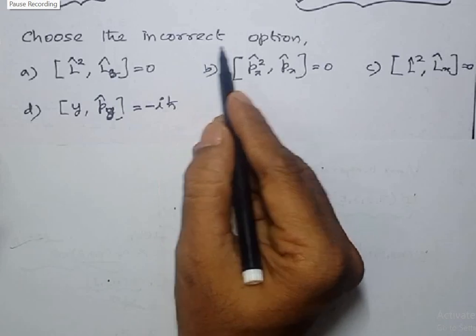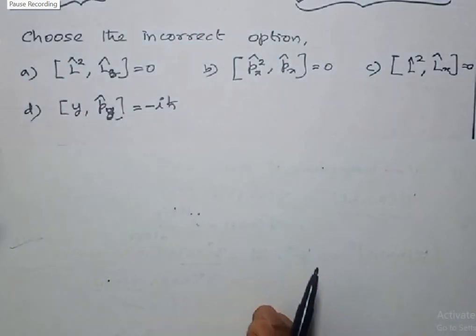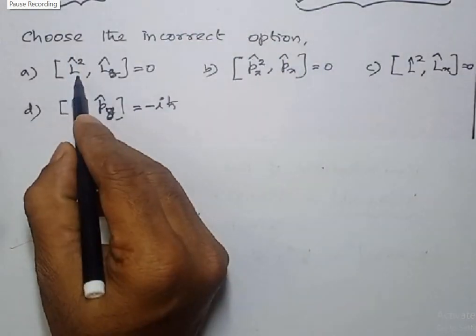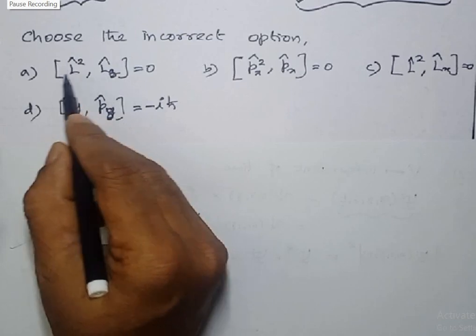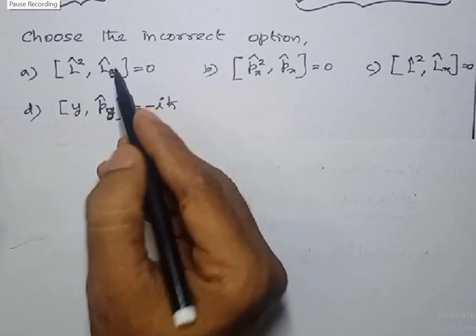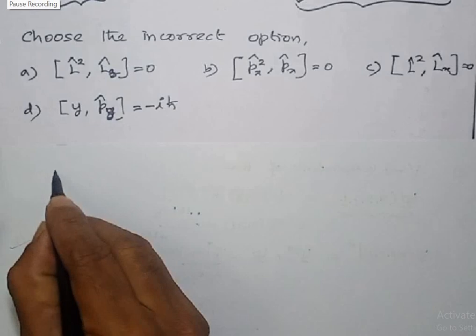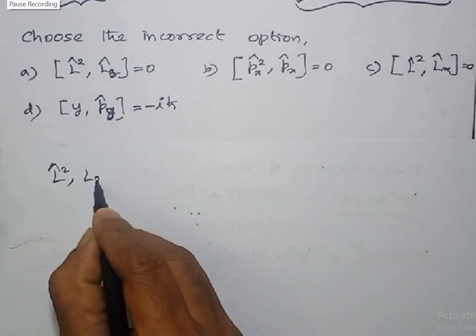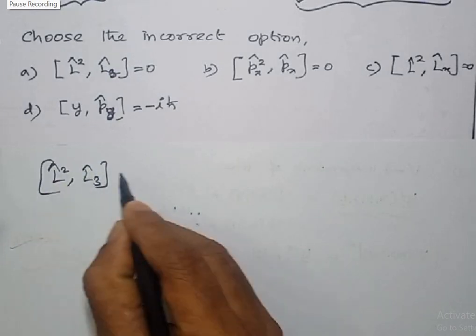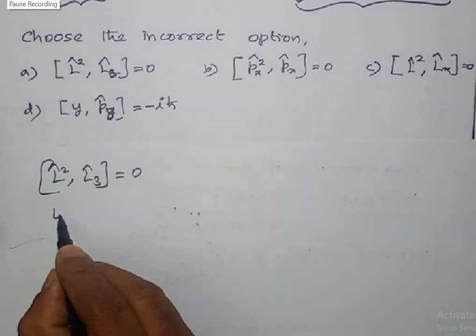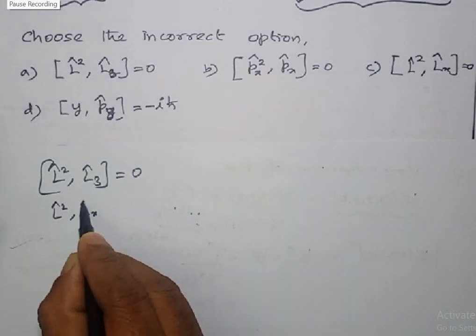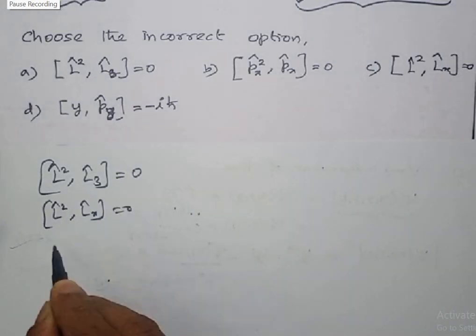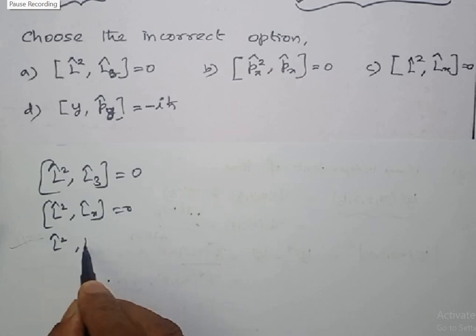Choose the incorrect option. Commutation of L square with Lz: we know very well L square commutes with Lz. L square commutes with Lx. L square commutes with Ly.